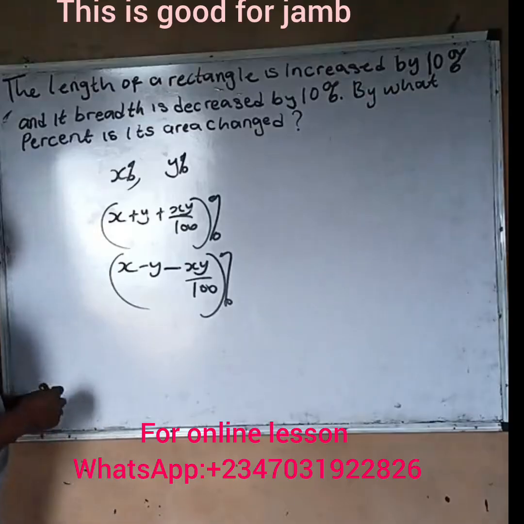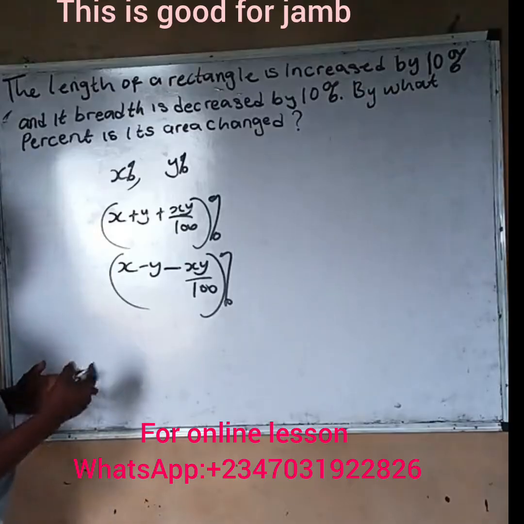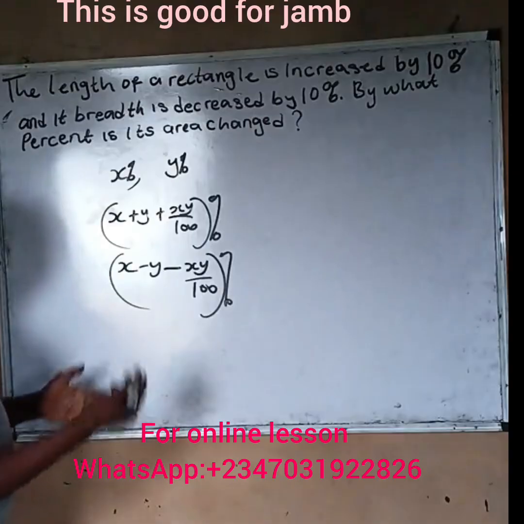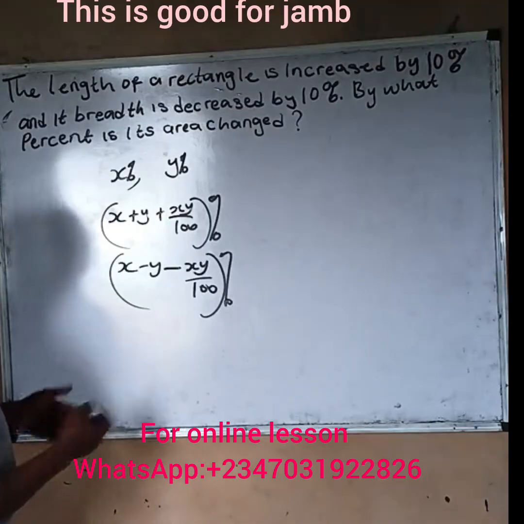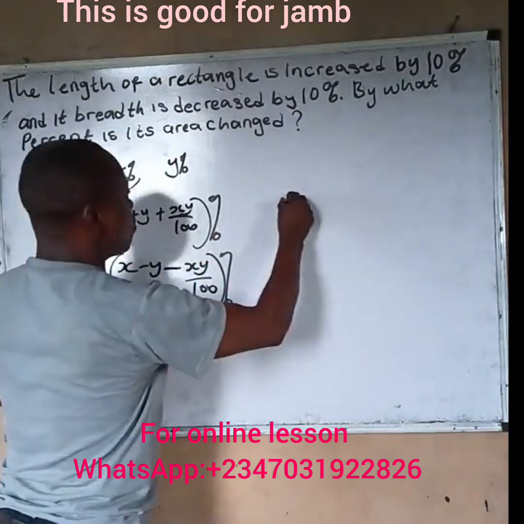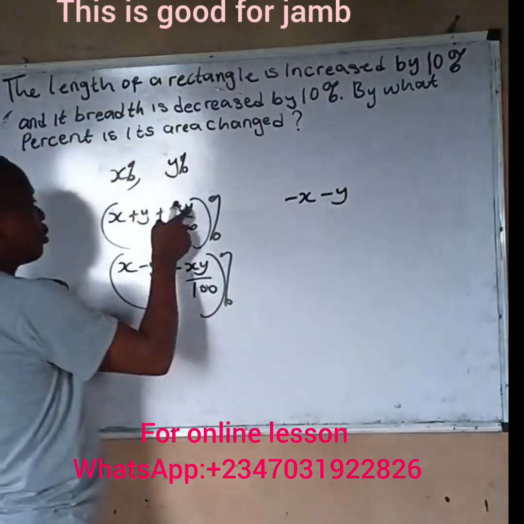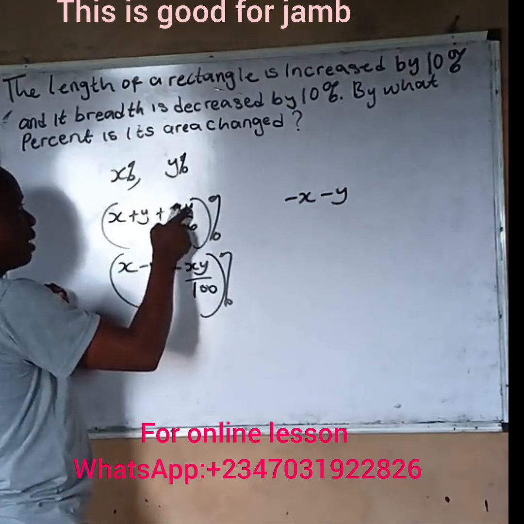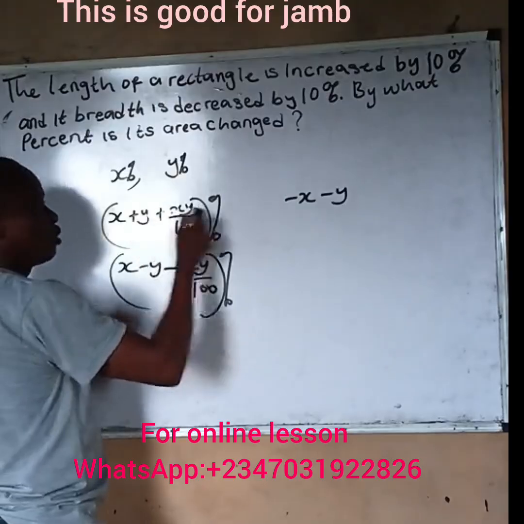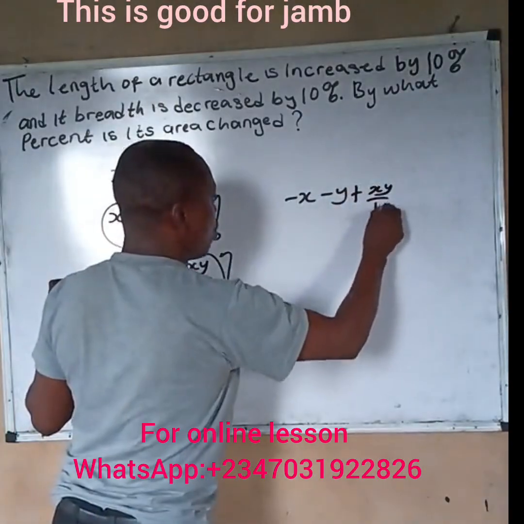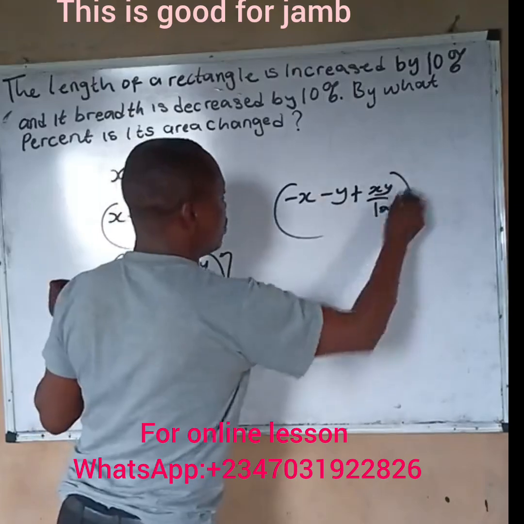Now, should you be told that the length and the breadth both decrease, it means we have minus x minus y, because both of them decrease. Minus times minus will give us plus, so here will be plus xy over 100%.